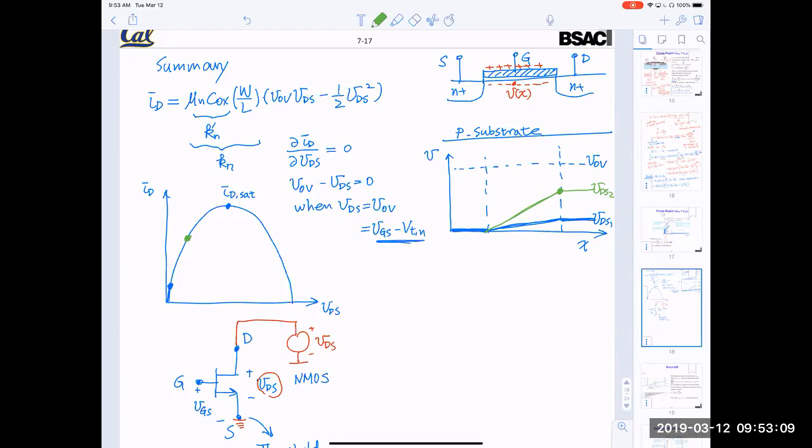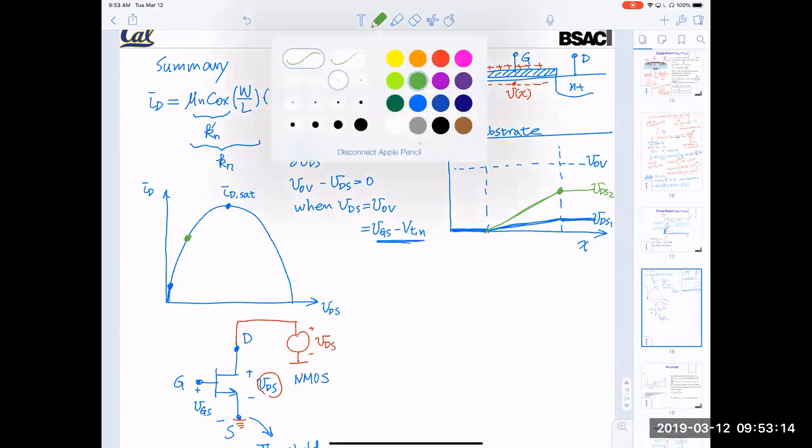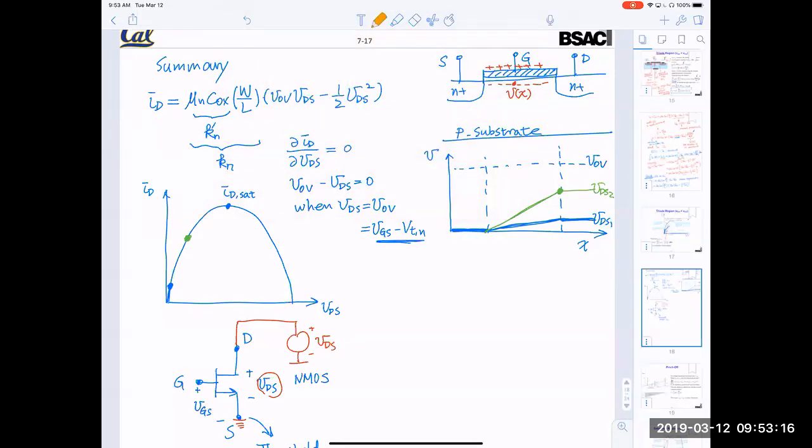And we can keep going until we reach this point, where we exactly reach here. At this point, VDS is equal to V overdrive. So we reach this maximum point where current reaches maximum.